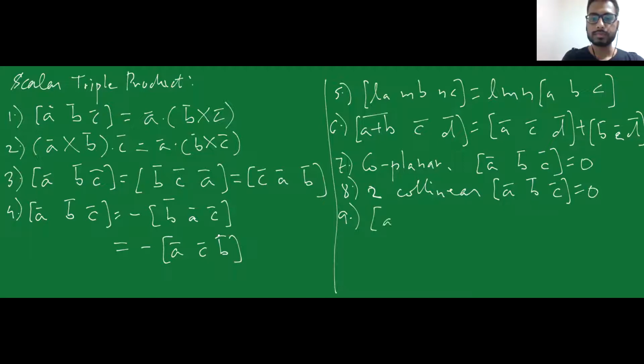Therefore, for any case, if A bar is repeated twice, the answer is going to be 0. Or suppose I have 2 A bar over here, and then I have B bar. I can take 2 common, still I will have 2 rows or 2 columns similar, and the value of that term is going to be 0.